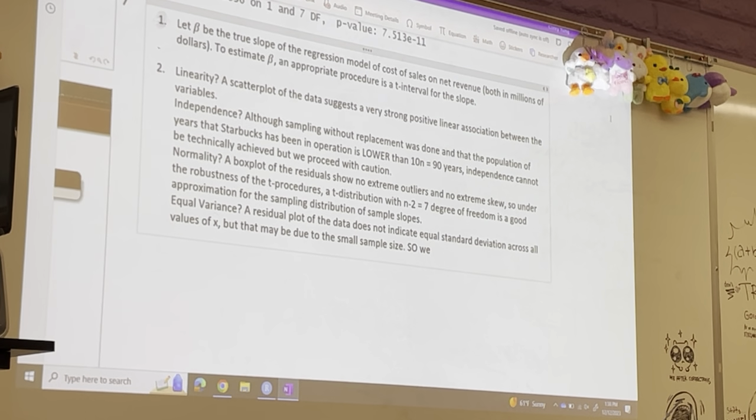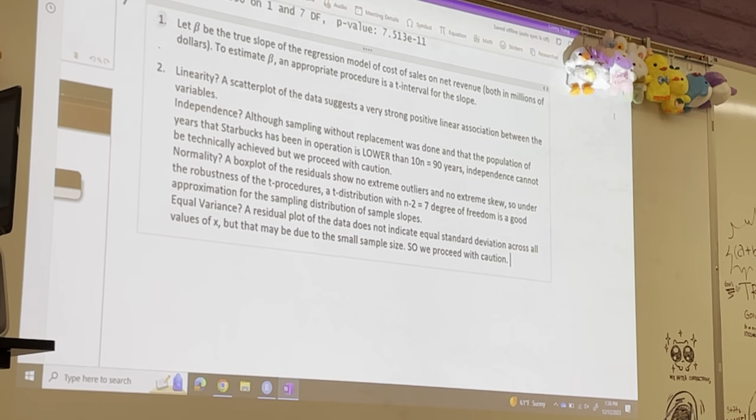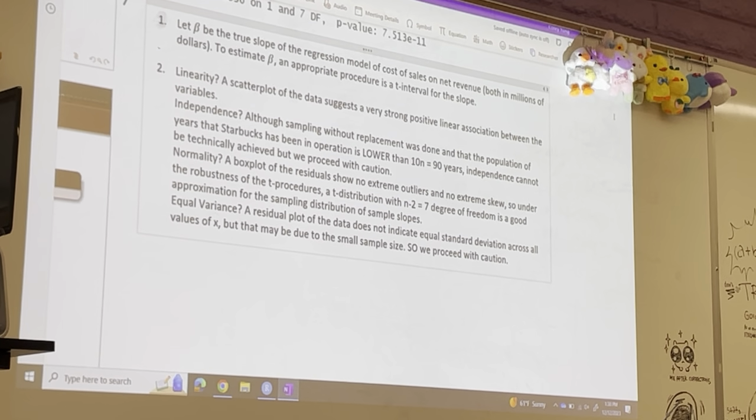So we proceed with caution. Again, we want in the residual plot that the data points are spread around that line and somewhat equal all the way across, but because we only have 9 data points, that residual plot didn't really look equally variable. So I'm just saying that I did it, but I'll proceed with caution because it wasn't cleared nicely. All right. So in that case, I checked it. The last one is SRS, or random sample.